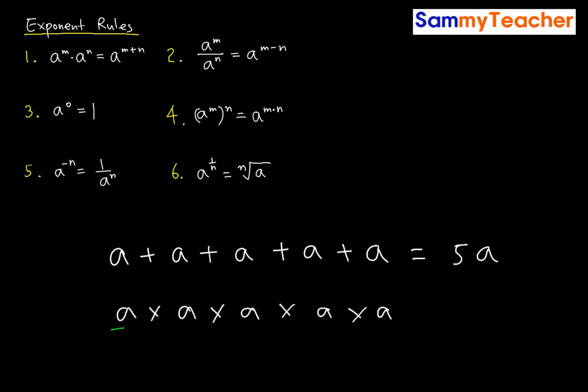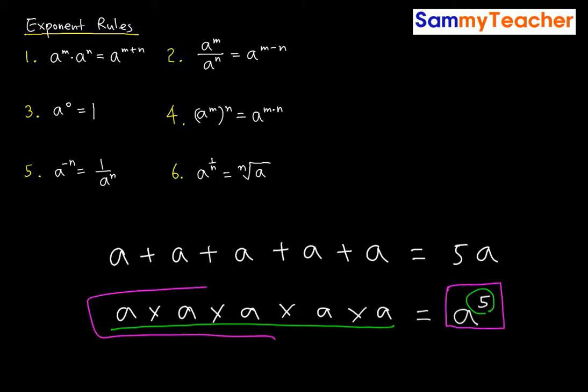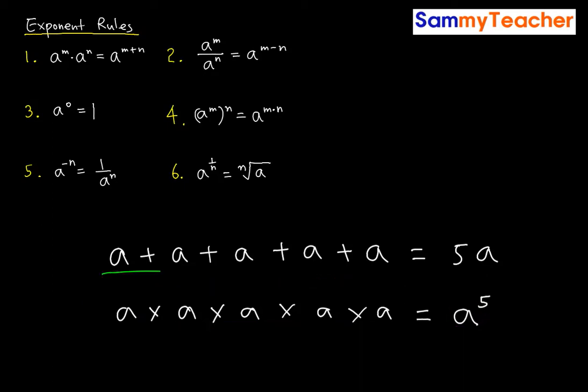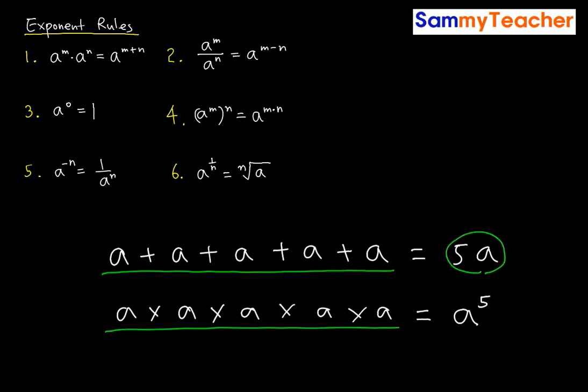And when you multiply the same thing 5 times, the short way of writing this is a to the power of 5, which is also called exponent. So exponent or power can be the short way of multiplying. So adding the same things can be multiplying, and multiplying the same things can be an exponent.